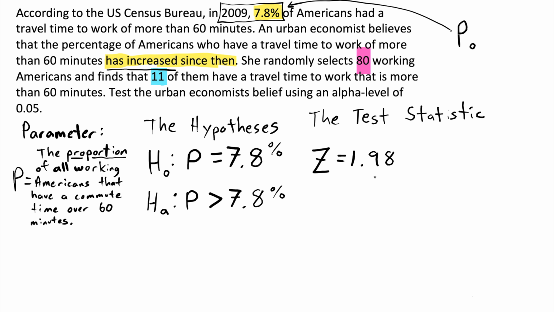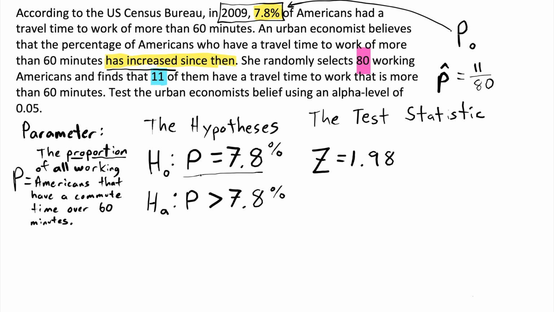And there is an interpretation of this. It's how far from the mean was the result that we got, our p hat of 11 over 80, if the null hypothesis, if this statement is actually true.